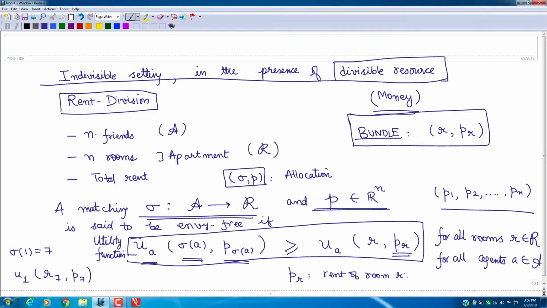Does such an allocation even exist? Like finding an envy-free allocation or a solution such that this holds true for all agents. Is the setup clear? Right now we have indivisible resources, which we call rooms, and coupled with them is a divisible resource, let's say it's money or something like that.